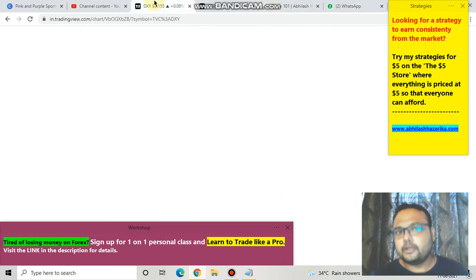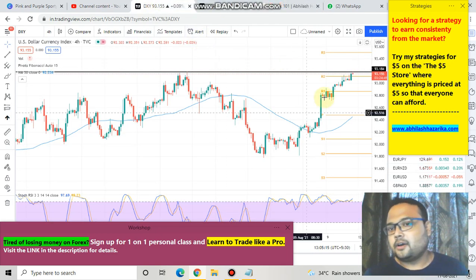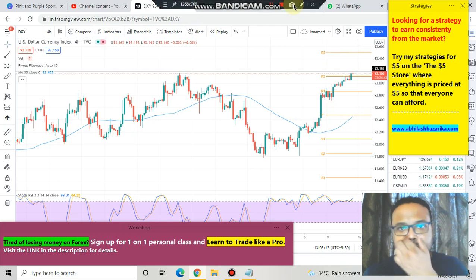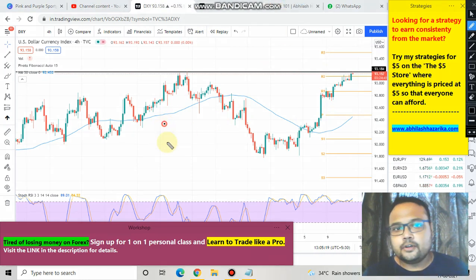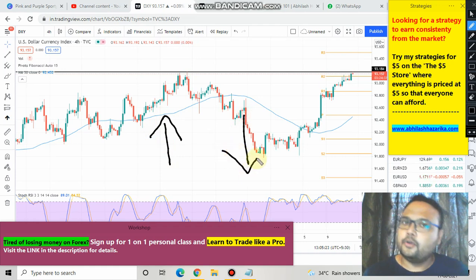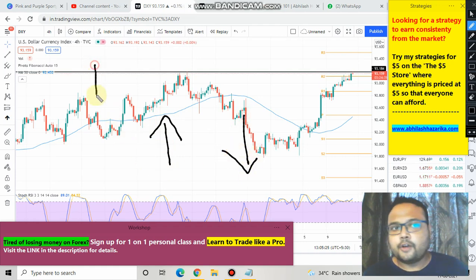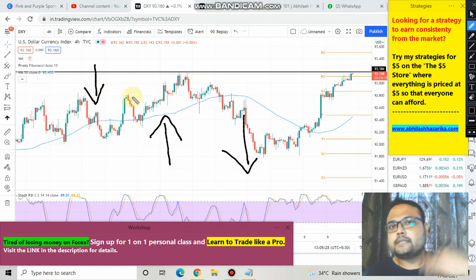Okay. And if we go to the dollar index chart here, you can see that the dollar is extremely bullish. And as we all know, if the dollar is strong, the dollar is going up, then there is selling on euro and GBP. And if the dollar is going down, then there is buying on euro and GBP.